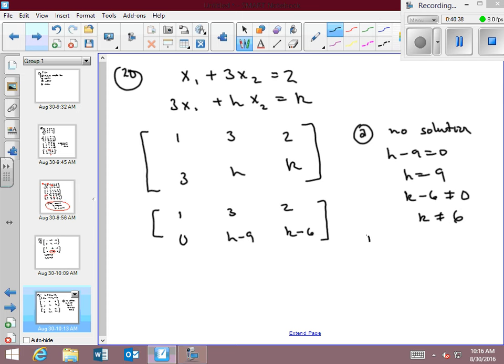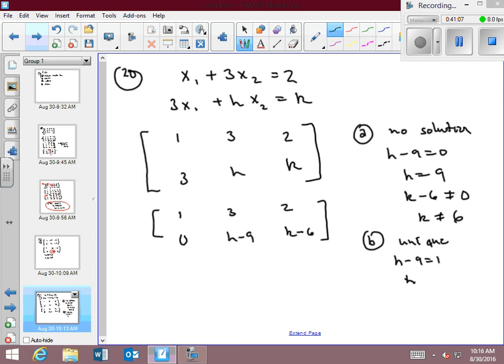So B says a unique solution. Well, unique. What would have to happen? h minus 9 would have to equal what?